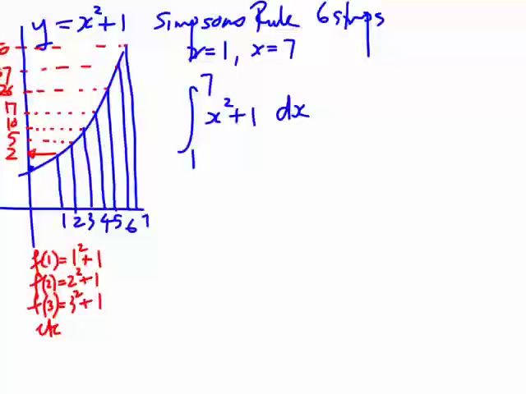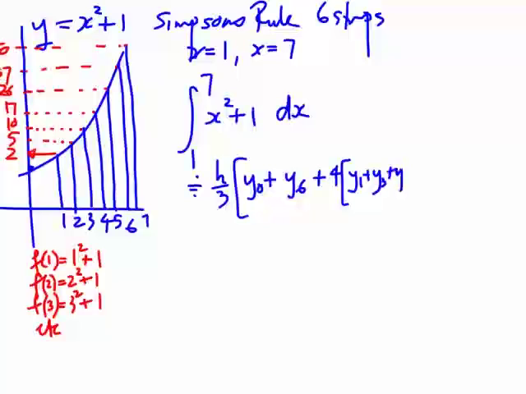Simpson's rule is h on 3, y0 plus y6, plus 4 lots of y1 plus y3 plus y5, plus 2 lots of y2 plus y4.